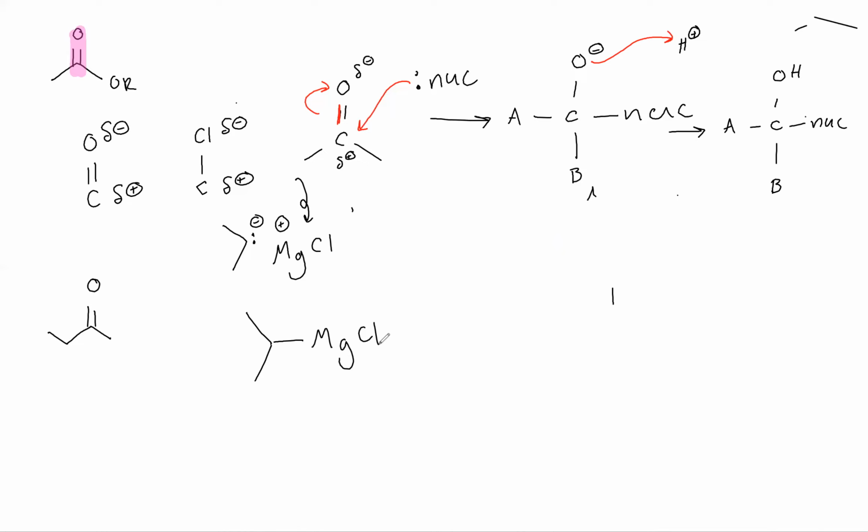But what it's really representing is something like this, where we redraw it as the nucleophile and the positively charged portion as separate. It's like how you see NaOH written like this, but we know that it's going to decompose or dissociate into Na plus and OH minus. It's the same thing here.